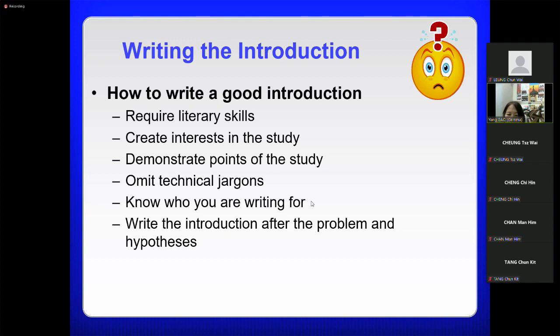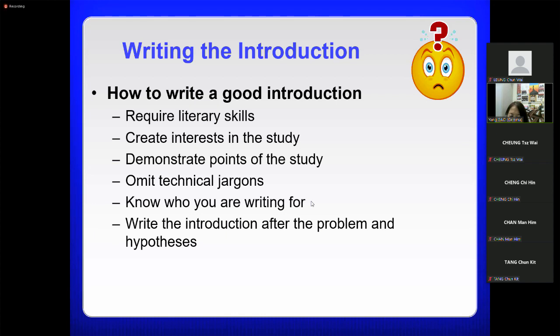A good introduction can create and draw interest from the readers. And a good introduction should clearly demonstrate the key points of the study, without technical jargons.